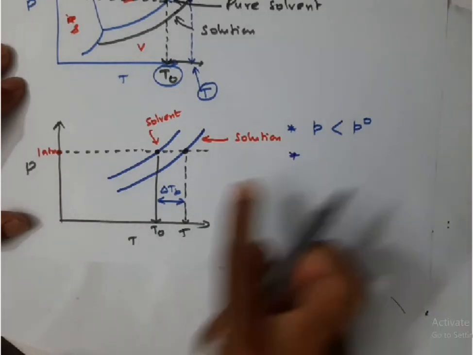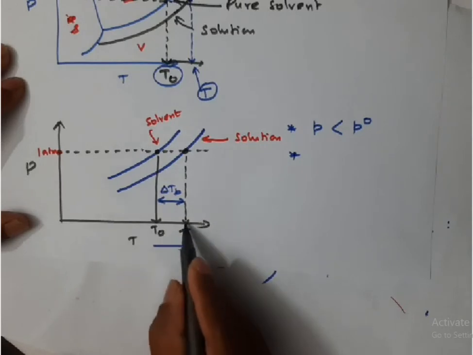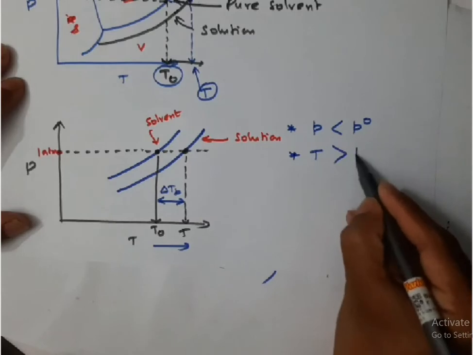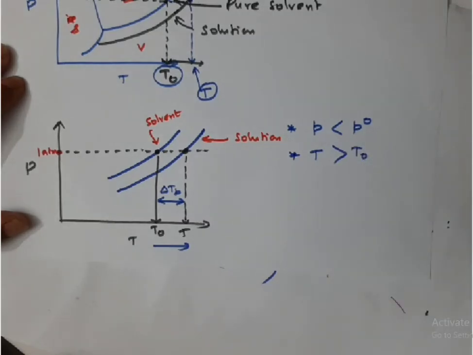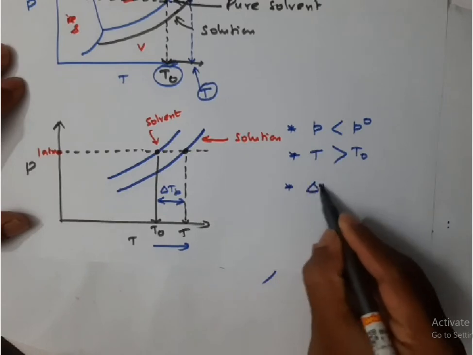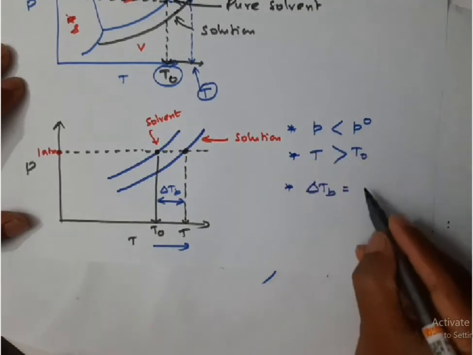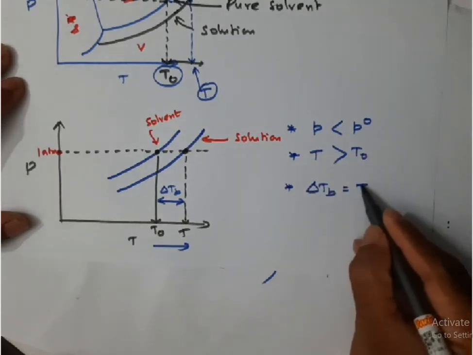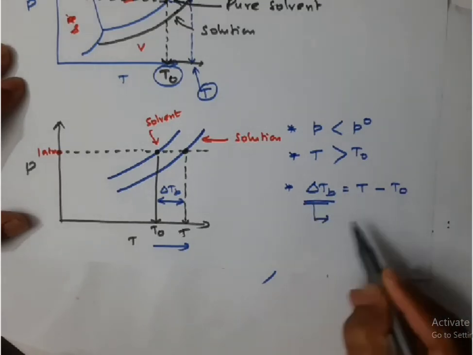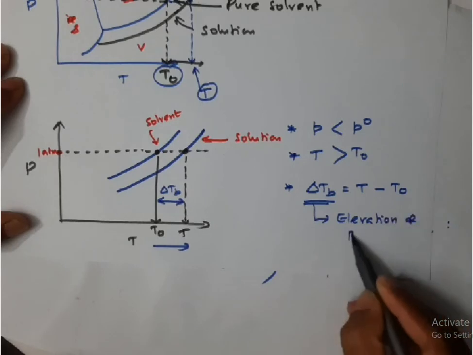So what happens is the boiling point of solution becomes high, correct? Solution boiling point is high compared to the boiling point of pure solvent. Therefore the difference is the higher value minus the lower value: the boiling point of solution minus the boiling point of pure solvent, and this is called the elevation of boiling point.